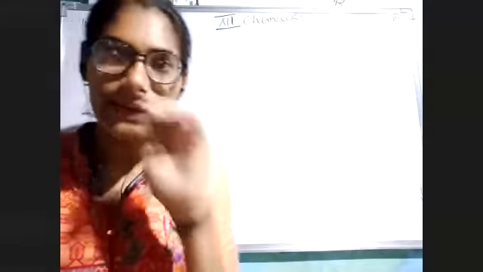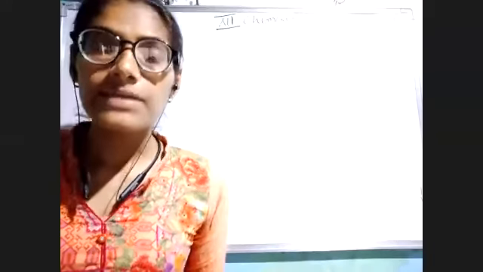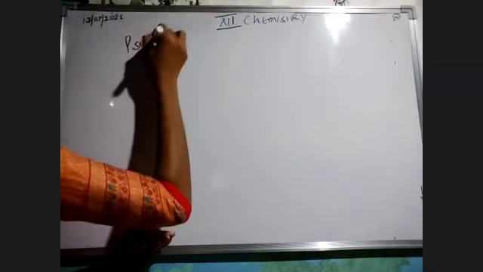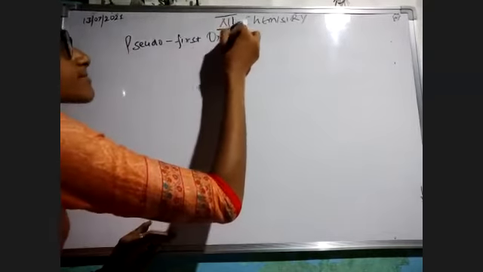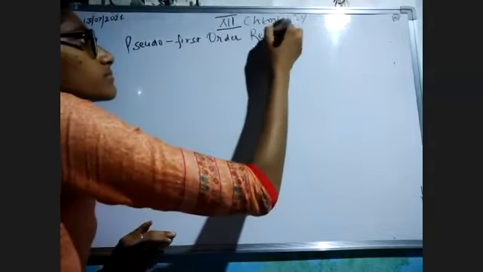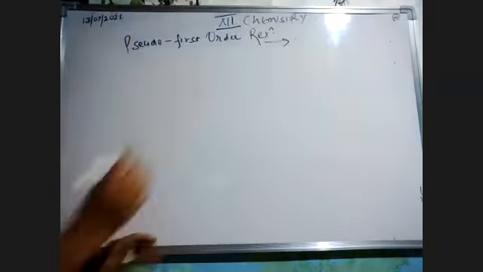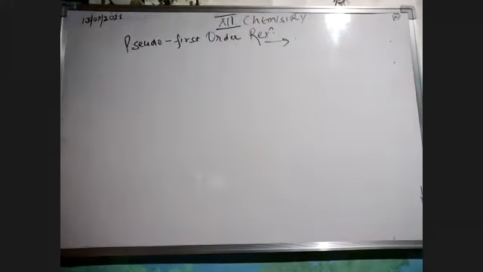So we can take a relief for those type of reactions. But there is another type of reaction known as pseudo first order reaction. So today we will discuss what is pseudo first order reaction.